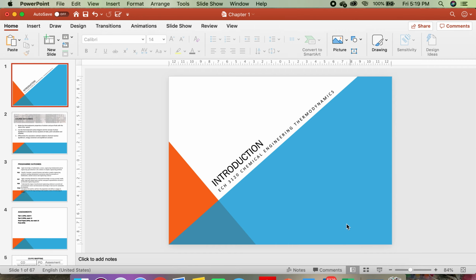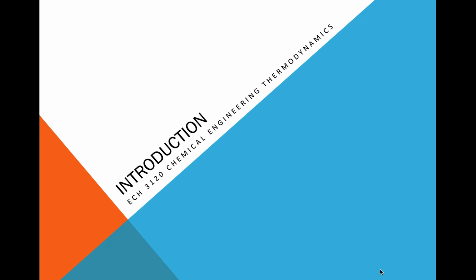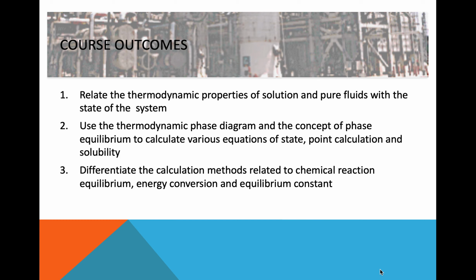All right. Okay, so first of all, let me give you the course outcomes once again, just to make sure that we can deliver the course outcomes at the end of the semester. The first one is to relate the thermodynamic properties of solution and pure liquids, pure fluids with the states of the system.